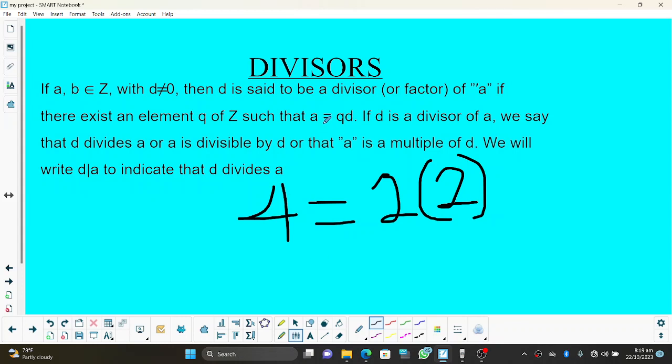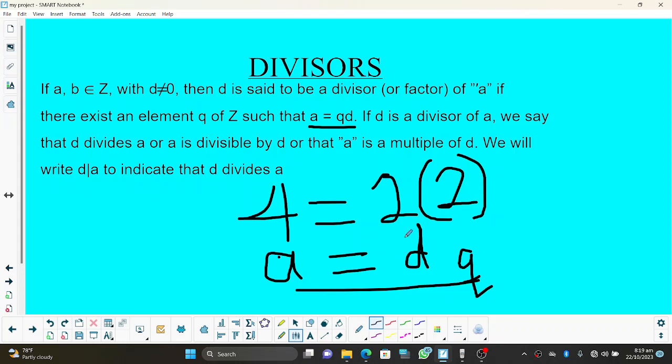Let's relate the equation to the example: this represents a, this is q, and this one is d. This can be compared to the example above to help in our understanding.